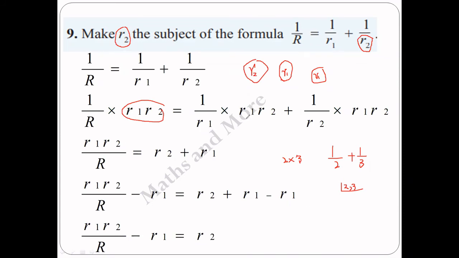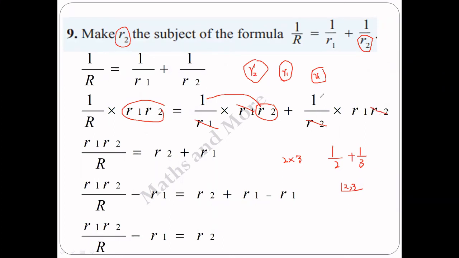Right hand side, denominator R1 can be simplified with numerator R1. Now R1 into R2 remains, 1 into R2, R2. 1 into R2 means R2. Here, cancel out R2 with this R2.